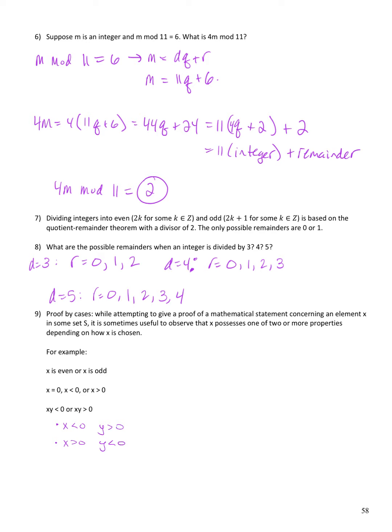That's how you get a negative product. They have to have different signs. And then for xy positive, we would also have two subcases. If a product is positive, then x and y have to have the same sign. They're either both positive or they're both negative. So we started with two cases, and then each one had two subcases. So sometimes you have to prove, just by exhaustion, go through all the cases.